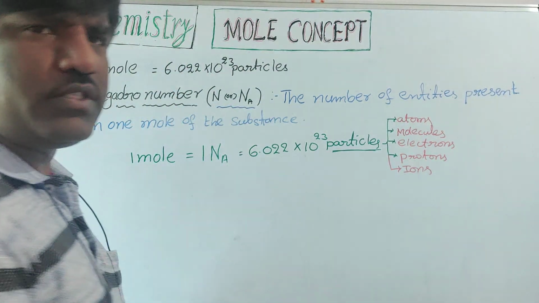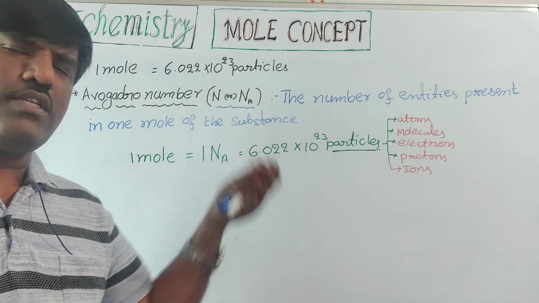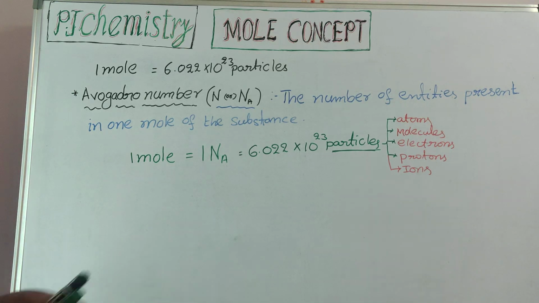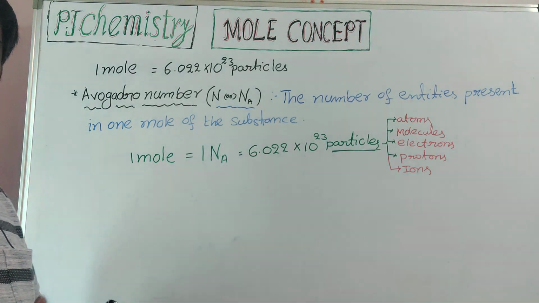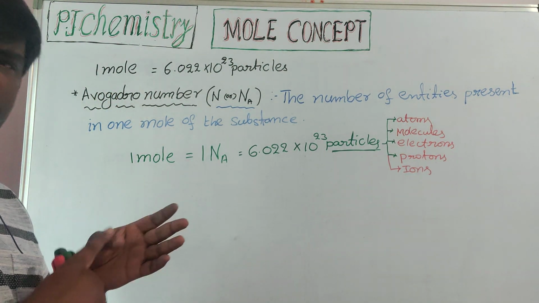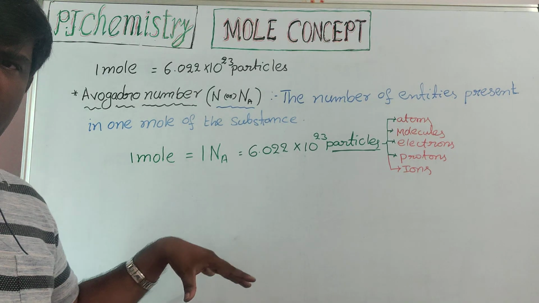As per the question, we should mention the particular electrons, protons, neutrons, ions, atoms or molecules. Now we got to know complete information about 1 mole and Avogadro number, and how many particles they contain.